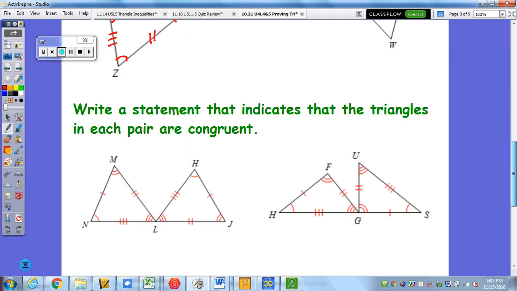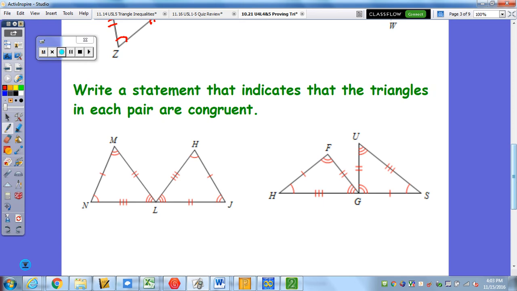So if I wanted to write a statement that indicates that these triangles are congruent, how I initiate the first one doesn't matter as long as the second one corresponds to it. So I can say triangle LNM. All right, so I went from the 3 to the 1 to the 2. I'll do the same thing.